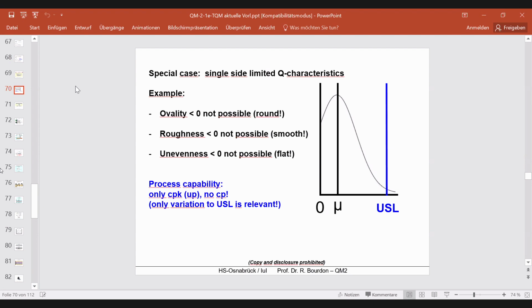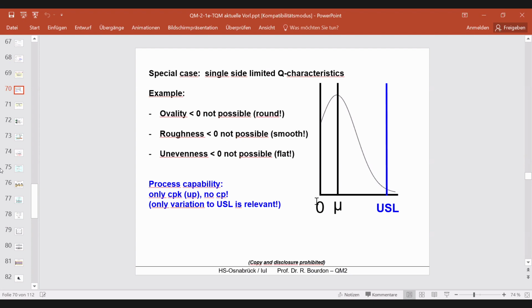Another example: the roughness. The roughness can never be lower than 0 because then it's smooth. And the unevenness, the flatness of a part can also not be lower than 0 because then it's flat. So there are some quality characteristics that have a natural limit.